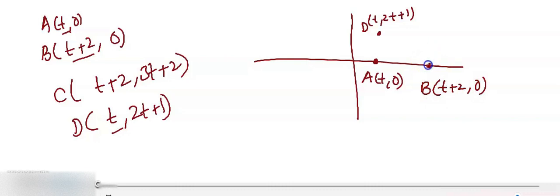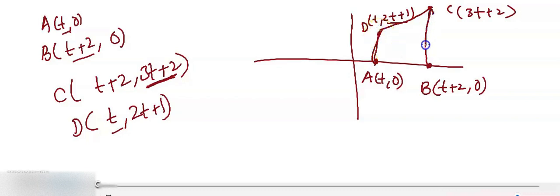On this same line at t plus 2 we have C, which is 3t plus 2. So this is going to be somewhere over here, because 2t plus 1 should be smaller than 3t plus 2. Then we have this trapezium over here.